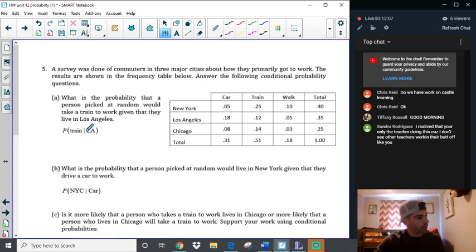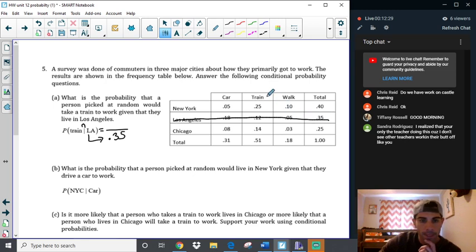Again, the intersection is going to be your top number, and LA is going to be your denominator. So here's LA. My total was 0.35. Now watch how I'm going to get the intersection. I'll draw a line through Los Angeles, and then I'm going to draw a line through the train. Right there. That's my intersection, 0.12. So you're going to have 0.12 over 0.35. That's 0.34. Okay.